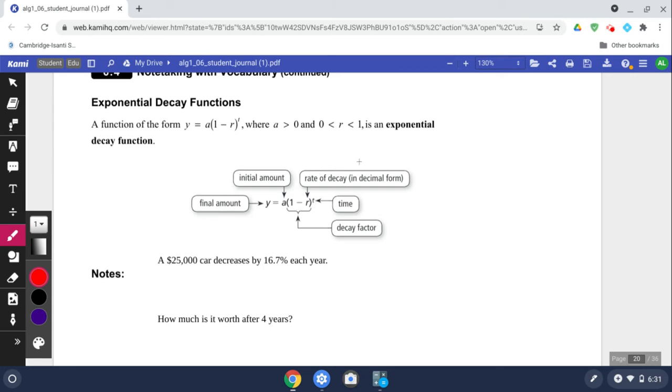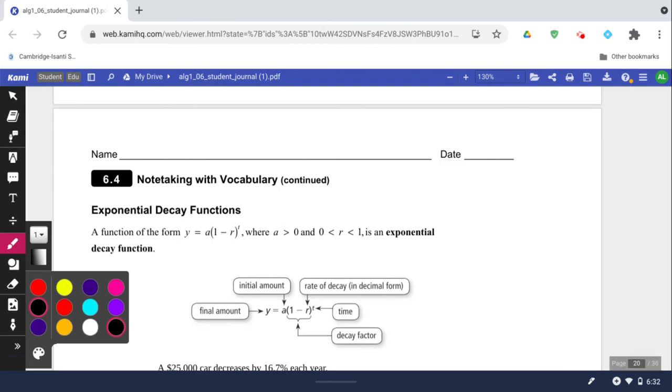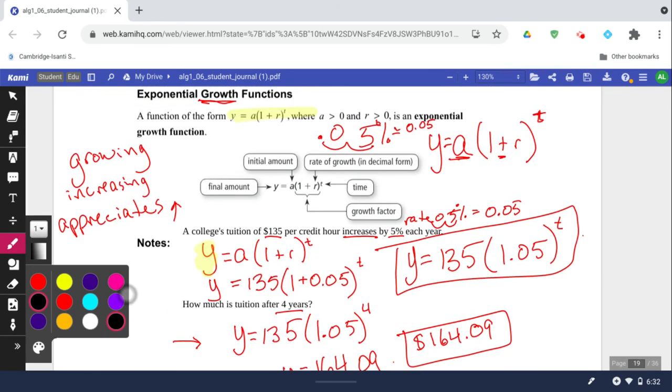Again, everything else is the same, but with decay, it's not increasing, it's decreasing. So it is subtracting. Let me give you some words like I did before. What did I do last time? Growing, okay.